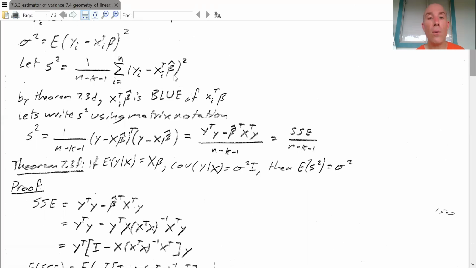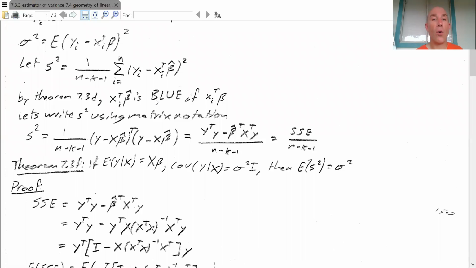Now we know that x transpose beta hat is a BLUE estimate of x transpose beta. Remember, BLUE means best linear unbiased estimator. Best means minimum variance of all the linear unbiased estimators. So if you take all of the linear unbiased estimators, this one has the minimum variance possible.